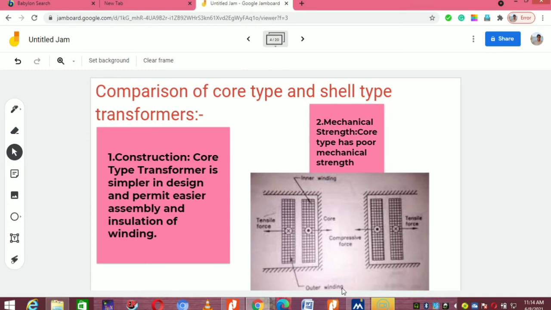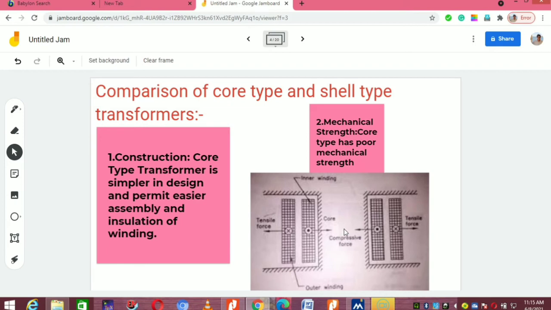These two windings carry current in opposite directions. One is cross, one is dot. If current carrying conductors are placed side by side, carrying current in opposite directions, repulsion force will develop. Obviously the repulsion force will develop, and this repulsion force damages the winding.